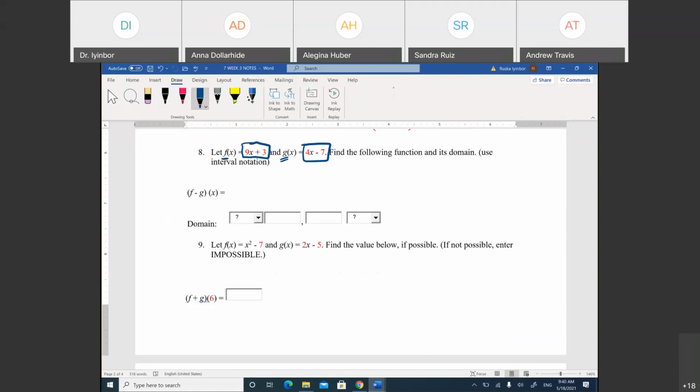Find the following function in the domain. So this is what you need to find. It tells you what to find. We need to find f minus g of x. So here we don't do anything with this f and g and x. It just tells you what to do. It's functional notation, so technically you're going to subtract the function f minus the function g, and you're going to keep it with x. Everybody understand that?